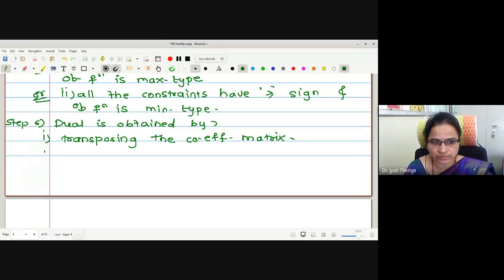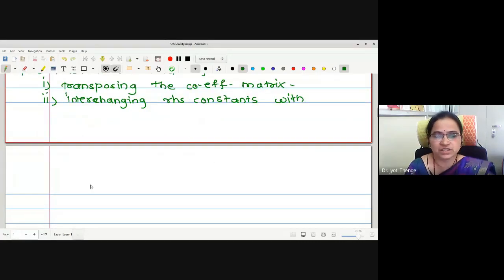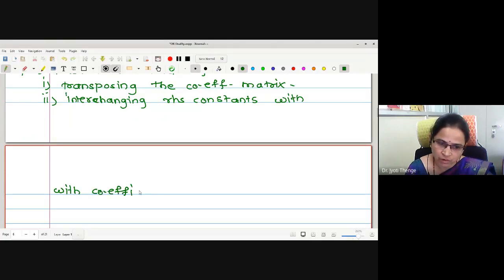Okay. Second one, interchanging the right hand side constants with the coefficients of the objective function.